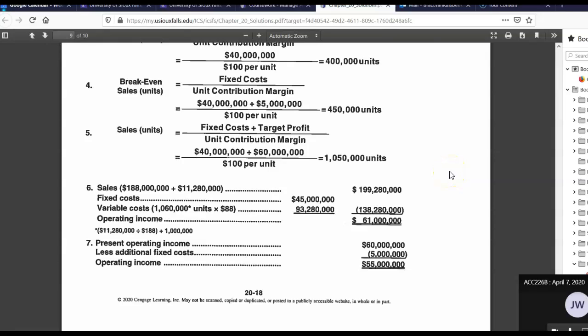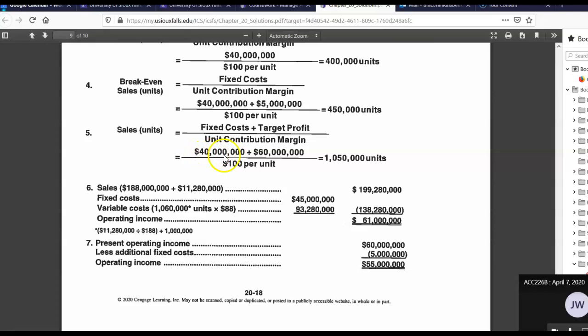Number 5, it reads, determine the amount of sales that would be necessary under the proposed program to realize 60 million of profit. Well, remember when we did this last week, we said that target profit is a higher hurdle. So we've got to make that hurdle a little higher.